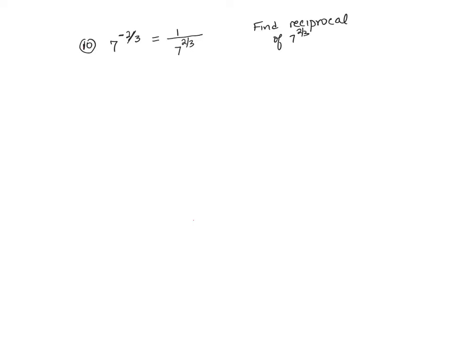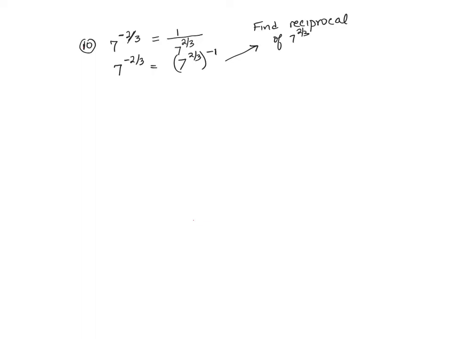If we think of it this way, we could rewrite 7 to the negative 2/3 as 7 to the 2/3 to the negative 1, and any number to the negative first means find the reciprocal. So whenever we have a negative fractional exponent, ignore the negative and then find the reciprocal of your answer.